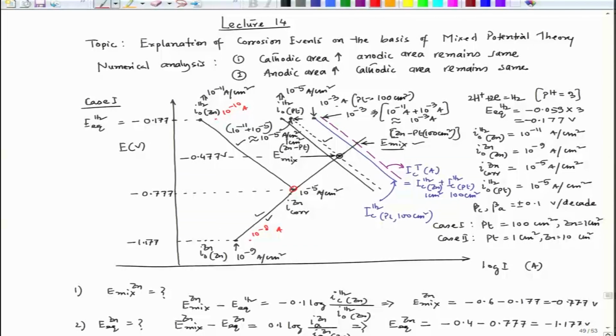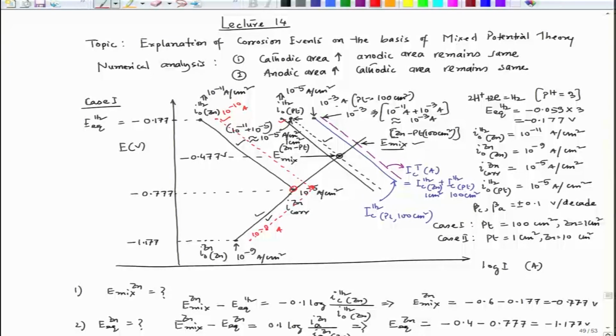So, if we continue this, they will connect here at the same point. Now, this line we have to consider, the addition of this line and this line we have to consider.